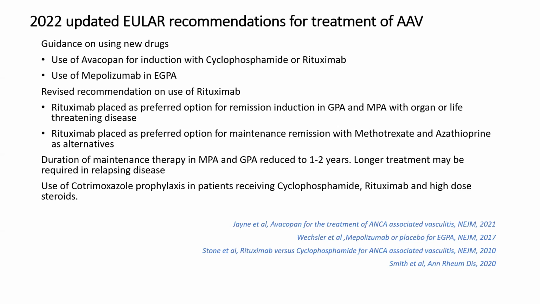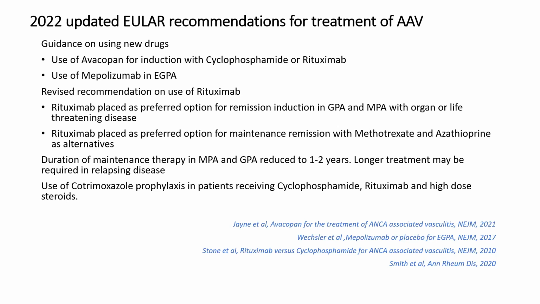And I've listed some articles at the bottom of the page, which have shown that it is non-inferior to using steroids with your cyclophosphamide or rituximab, and actually showed some superiority in maintaining remission. So this has been introduced as a drug that can be used for induction with cyclophosphamide or rituximab to help mitigate against the side effects of steroids, and also to help you to be able to taper your steroids quicker.